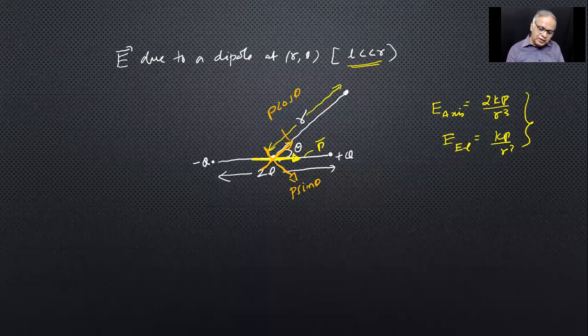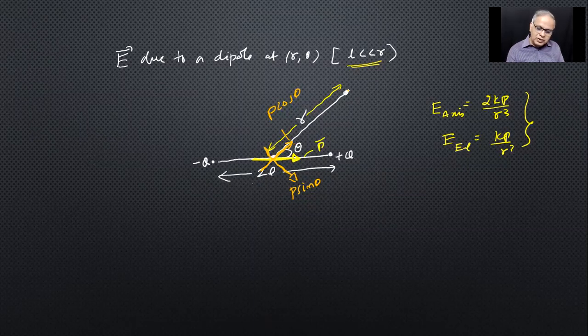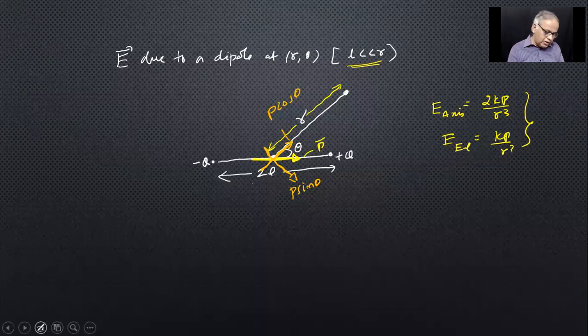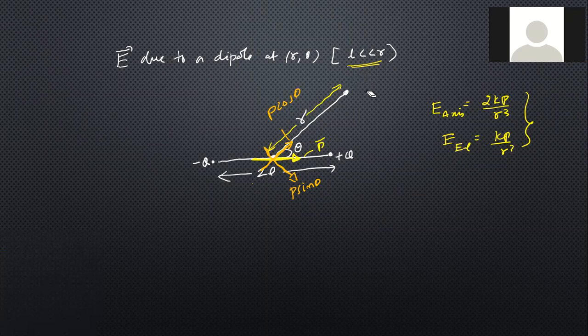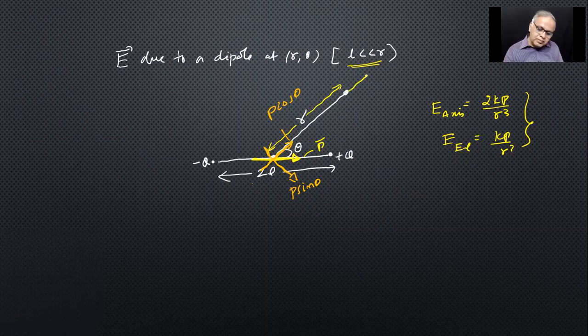So if this is minus and this is plus, this will be E parallel there. This E parallel is due to the P cos theta dipole. And because of the other dipole, it is towards minus.